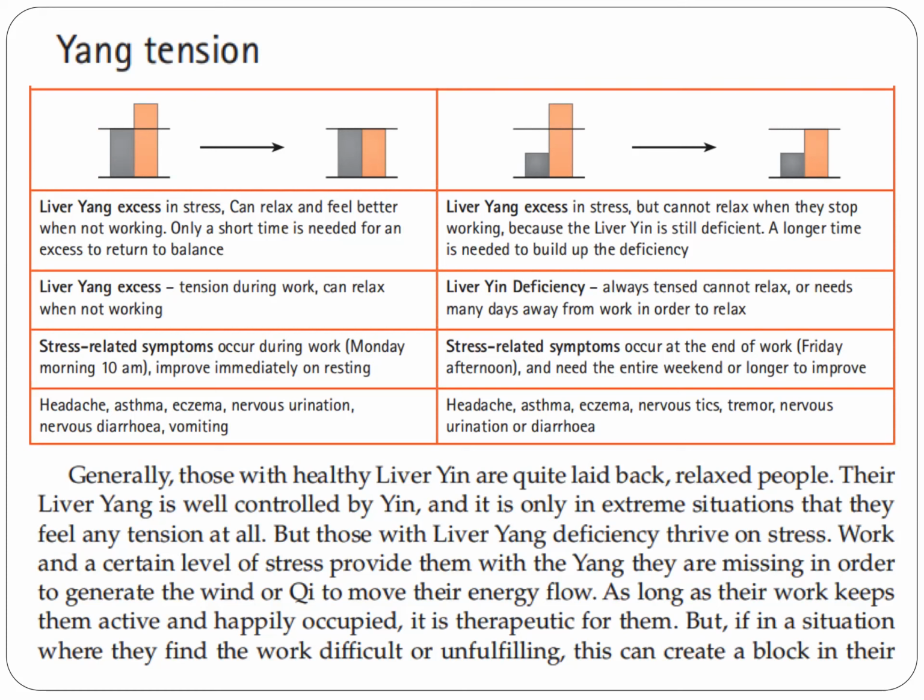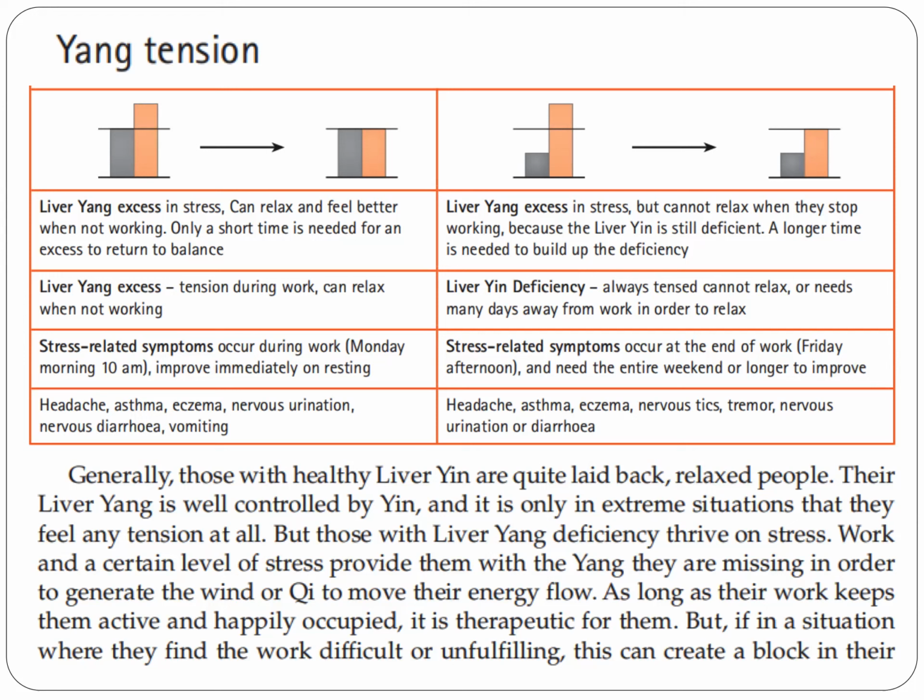Only a short time is needed for an excess to return to balance. Stress-related symptoms occur during work, as in Monday morning, 10 a.m., and improve immediately on resting. The symptoms are headache, asthma, eczema, nervous urination, nervous diarrhea, and vomiting.